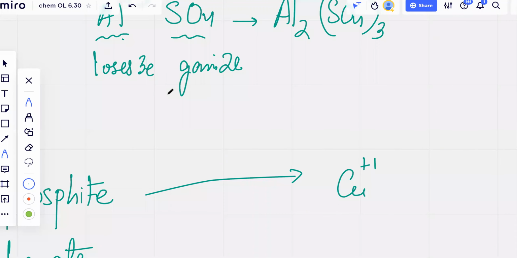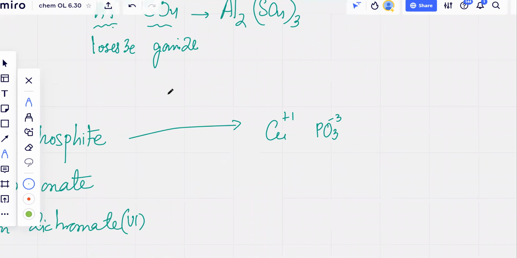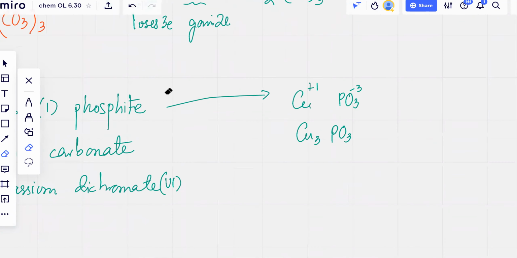So what is going to be the formula? Cu3 then PO3. For PO3, you can either use a bracket and 1, which is not necessary, because even without the brackets, it's still 1.